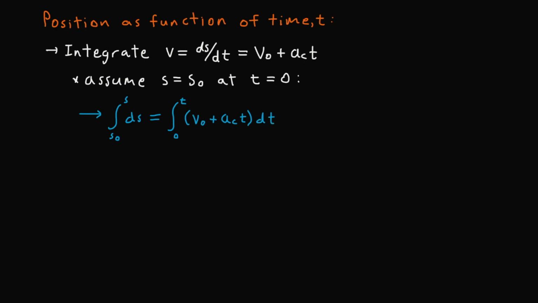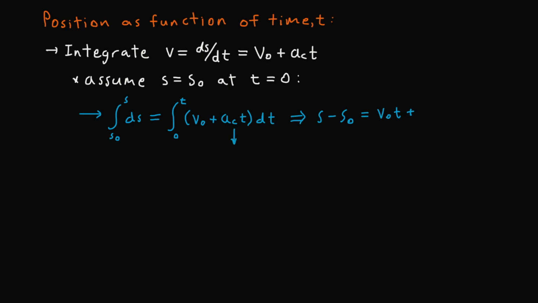So now we can proceed with the integration. So integrating ds from s naught to s, we get s minus s naught, and that'll be equal to the integration on the right side from 0 to t. Here we have two parts being added together. So initially the integral of v naught from 0 to t is simply v naught times t, and now plus the integral of ac times t.